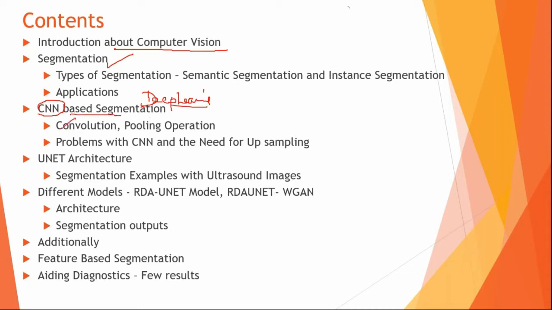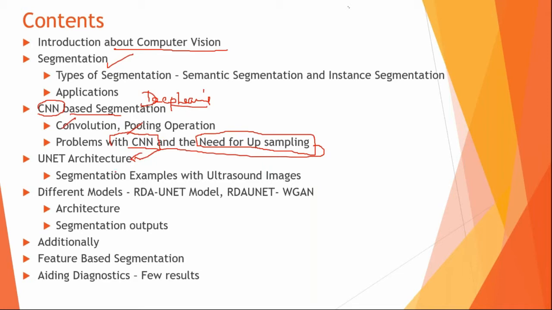We'll know about what is convolution and pooling operation. Then I'll tell you about the problems with normal CNNs, and why we need to go in for what is called upsampling. After knowing this upsampling, we will go into the UNet architecture.